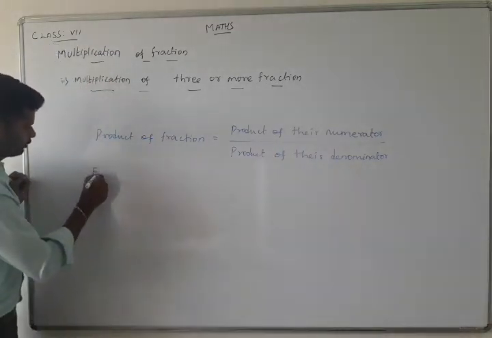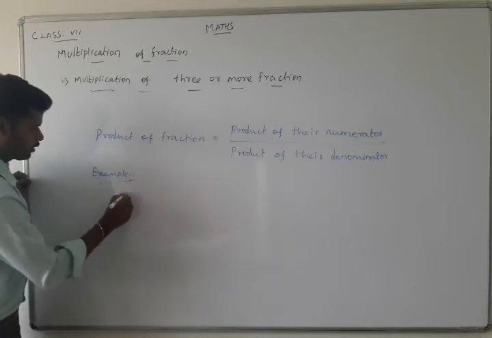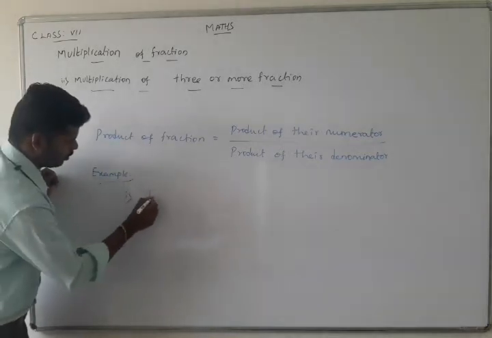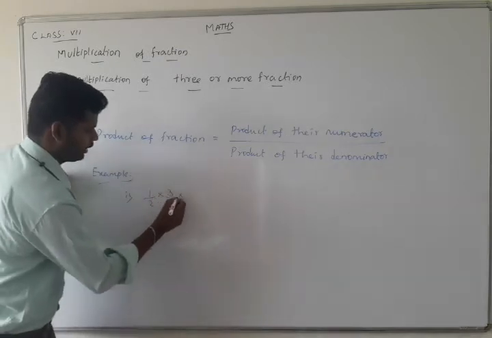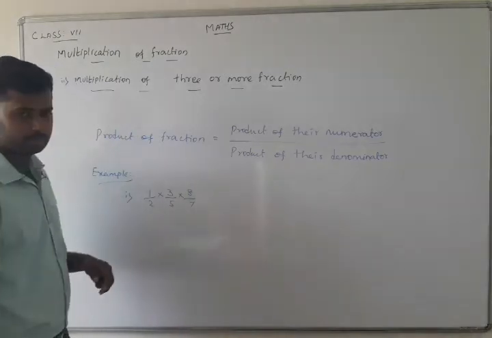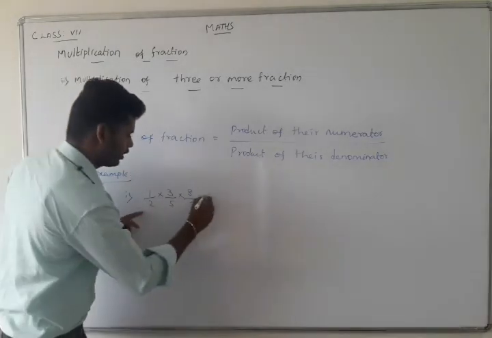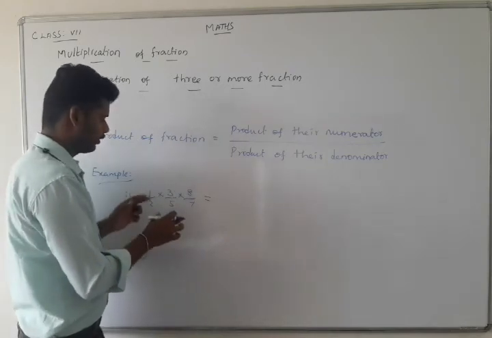Example, first one: 1 by 2 into 3 by 5 into 8 by 7. Like here, numerator having, denominator also having.